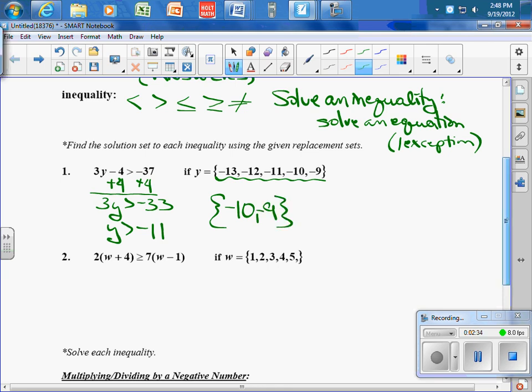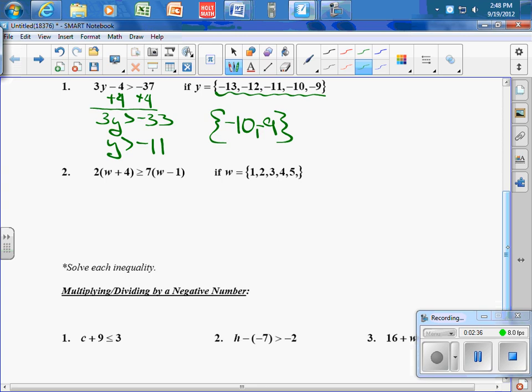In number 2, using the distributive property, I get 2w plus 8 is greater than or equal to 7w minus 7. My rule has always been, when you have variables on both sides, to cancel the variable on the right side.